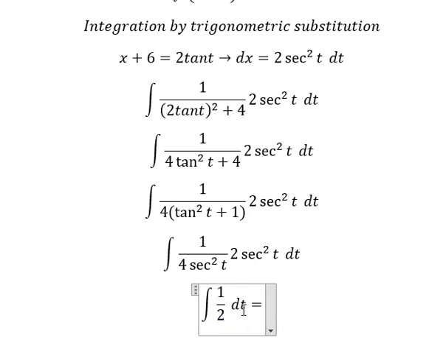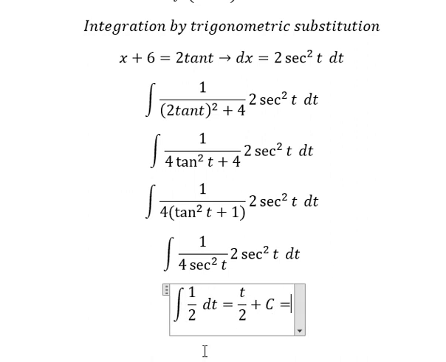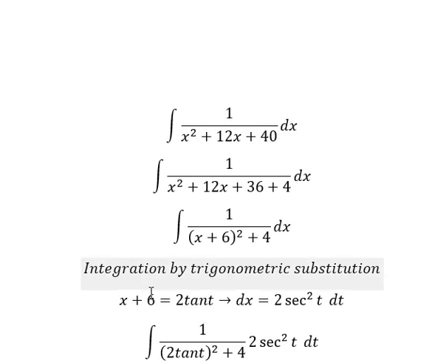The integration of this one, we have t over number 2, about t, that is this one, so we divide both sides by number 2.